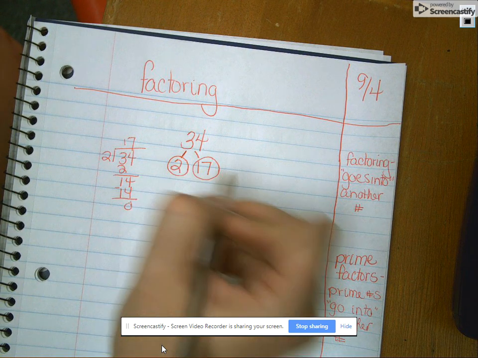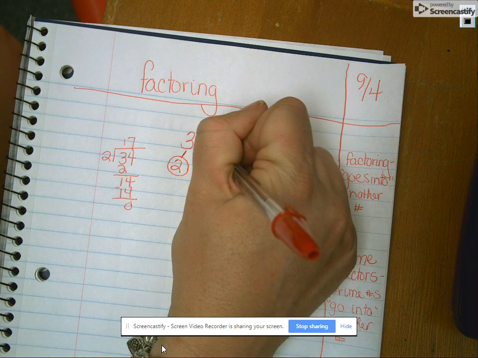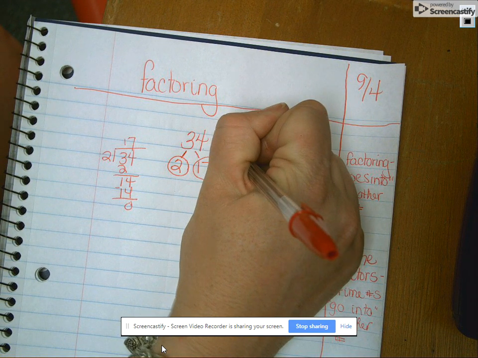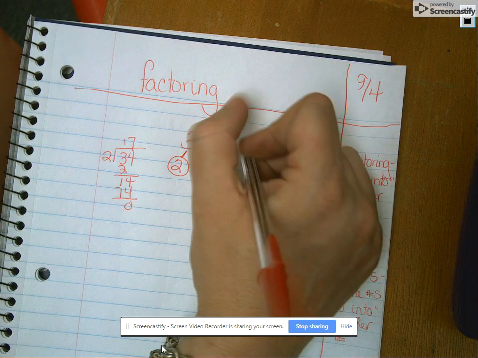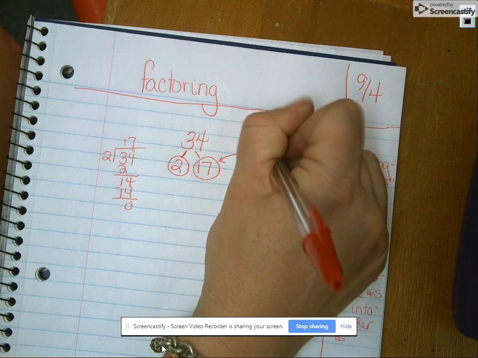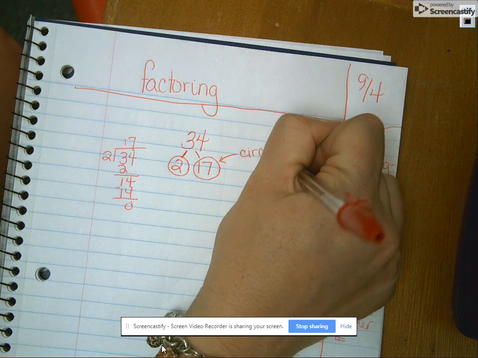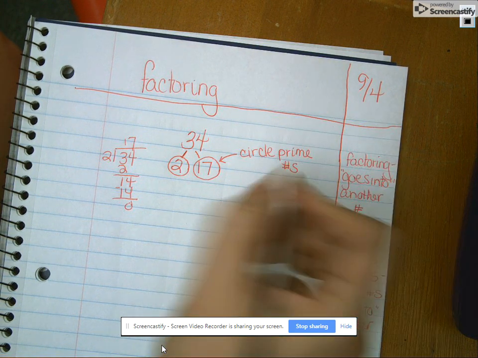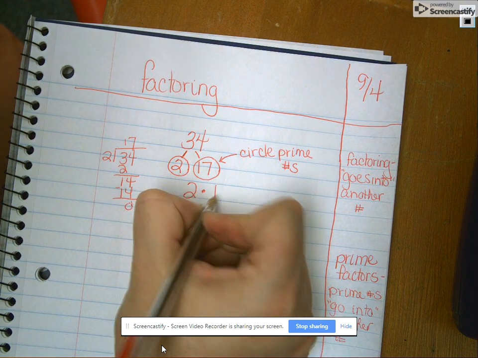Remember, prime numbers mean that no other numbers can make that number. For instance, 2 times just 1 will equal 2. So we circle the prime numbers. And so my factors of 34 are 2 times 17.